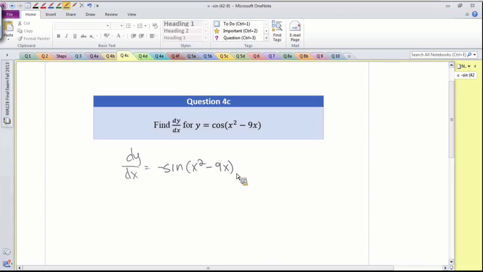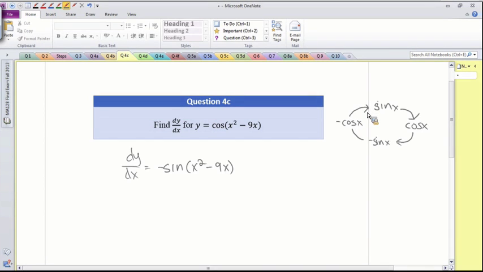If you get a little confused with derivatives of sine and cosine, I have a little diagram here that helps me solve the derivatives. The derivative of sine x is cosine x, the derivative of cosine x is negative sine x, the derivative of negative sine x is negative cosine x, and the derivative of negative cosine x goes back to sine x.